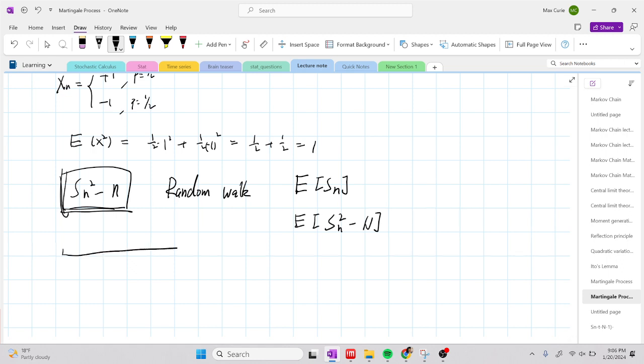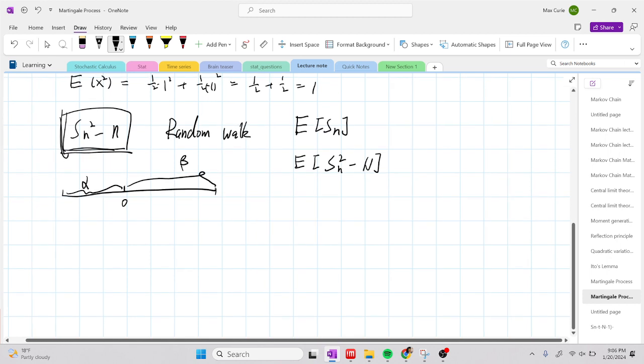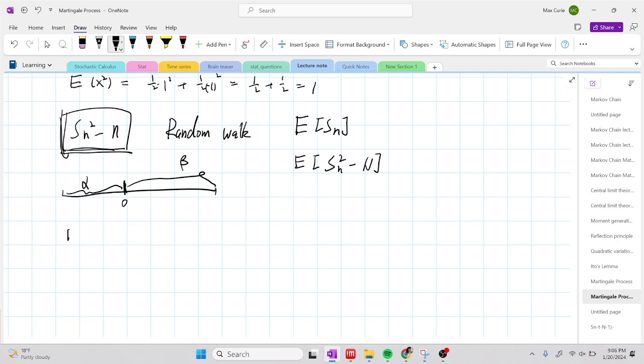So imagine here is 0, distance alpha, distance beta here. If we start from 0, Sn either goes this way or that way.